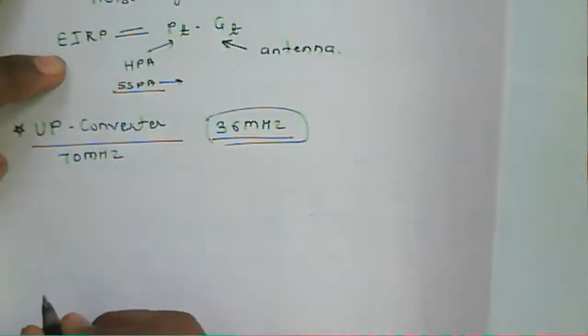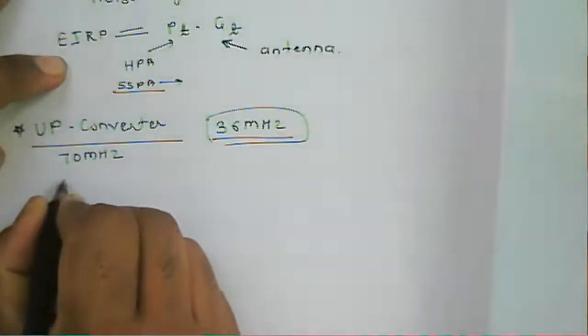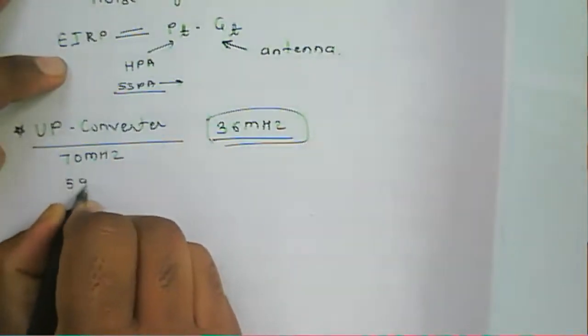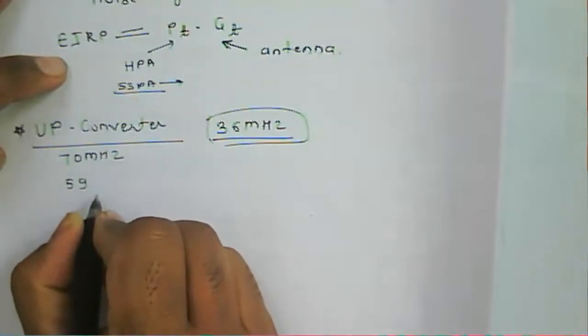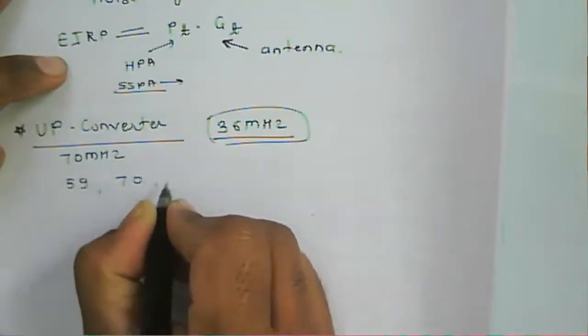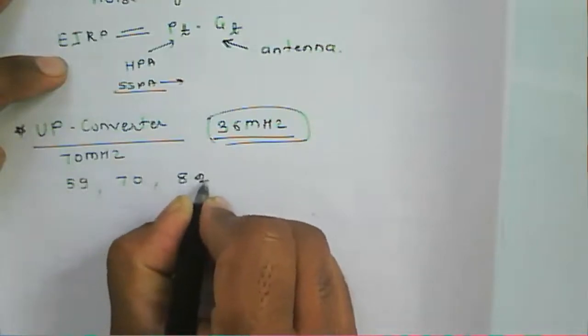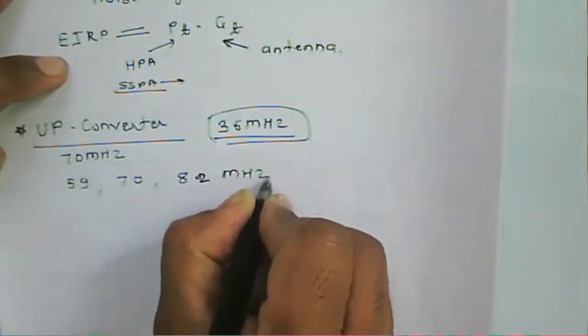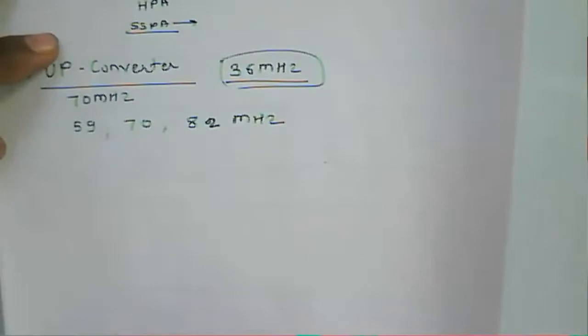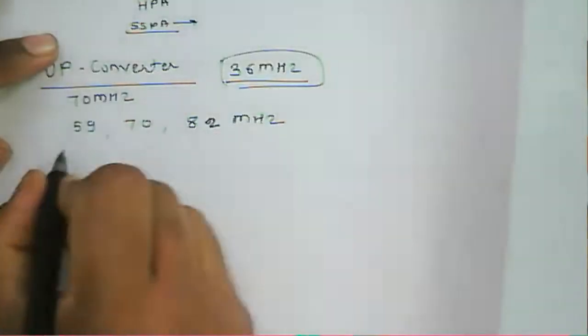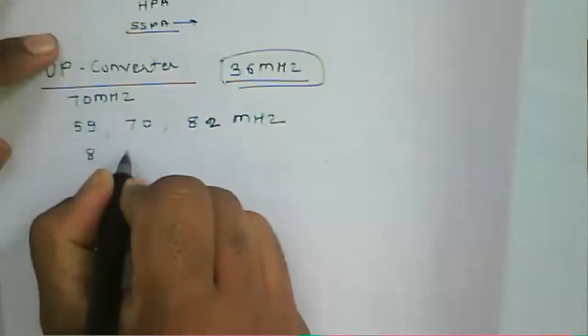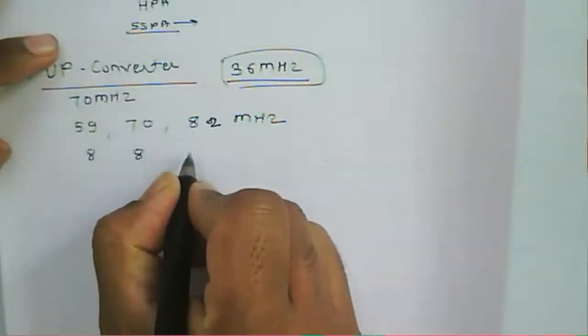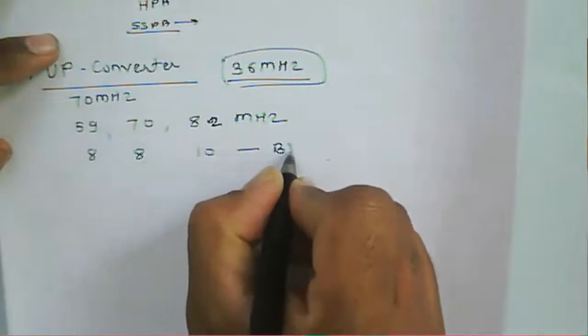For example, suppose there are three different modulated carriers, at 59 megahertz, 70 megahertz, and 82 megahertz, and they have bandwidths of 8, 8, and 10.